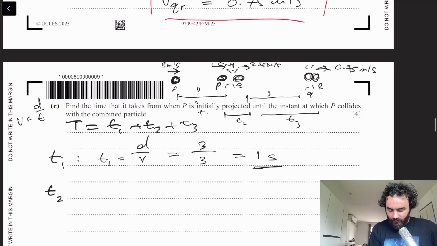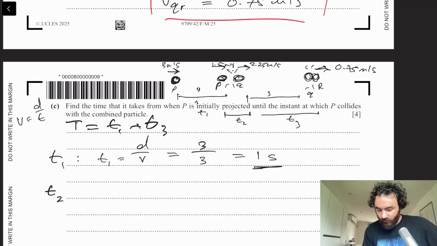That was easy. T2 is that time. For T2, we don't actually need T3. We need when it collides with this, and then the next one, T3, is when it re-collides with this. So it's 2 times. But we're going to need this time because we're going to need the distance to help us find this.